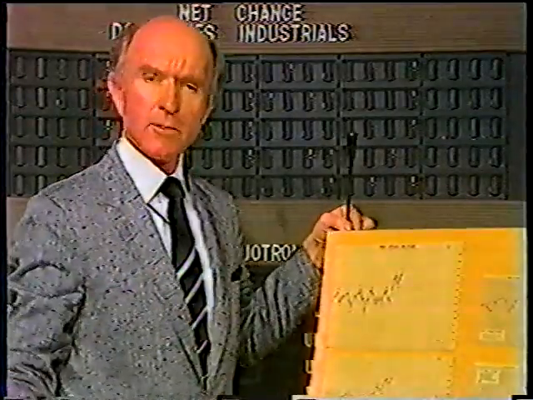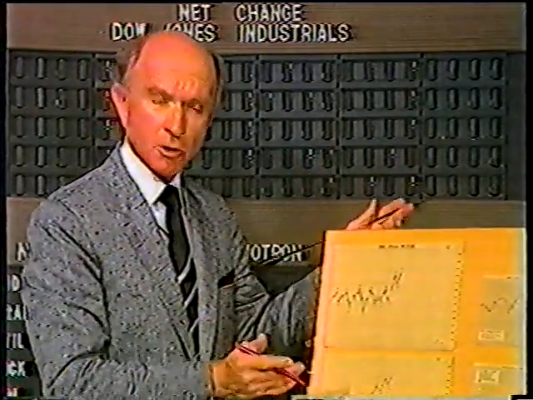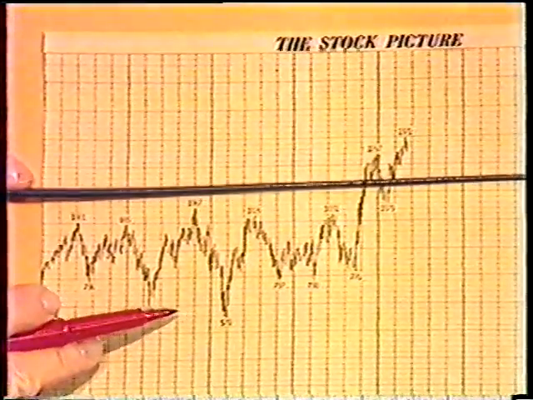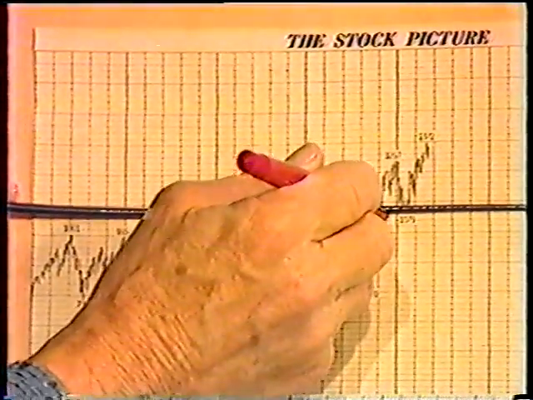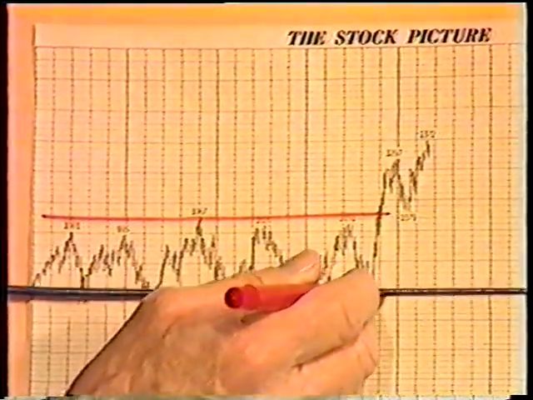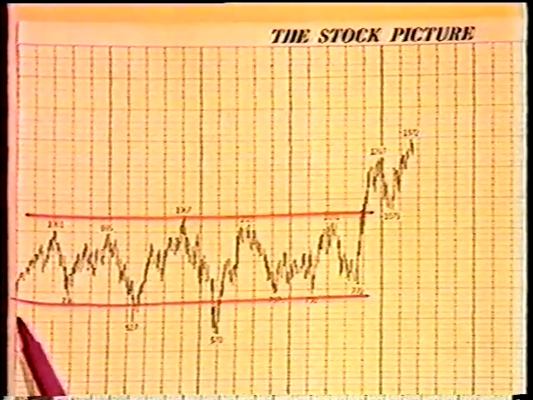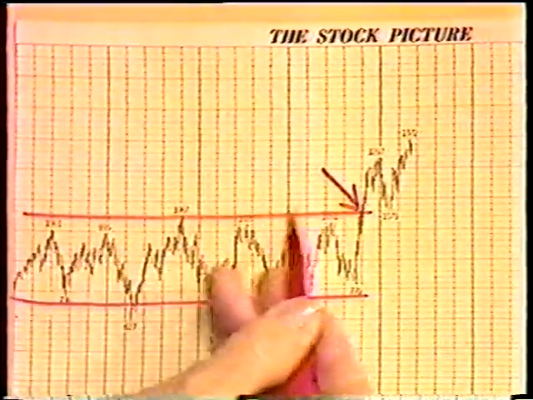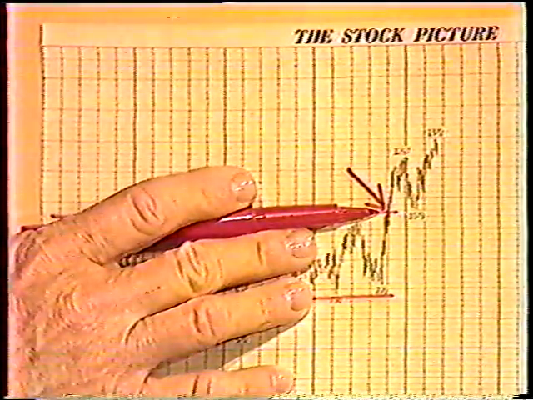Now, to view other market indices on the big picture, let us first look at the most watched index of them all, and that is the market as measured by the Dow. And the market as measured by the Dow, for the most part, has been in a trading range from the time frame from 1964 to the period when we broke out above overhead resistance, and that occurred in late 1982.